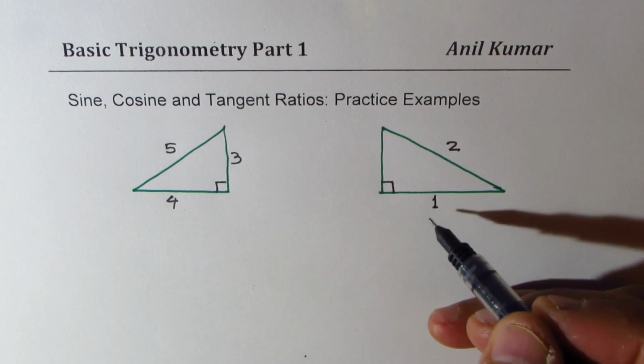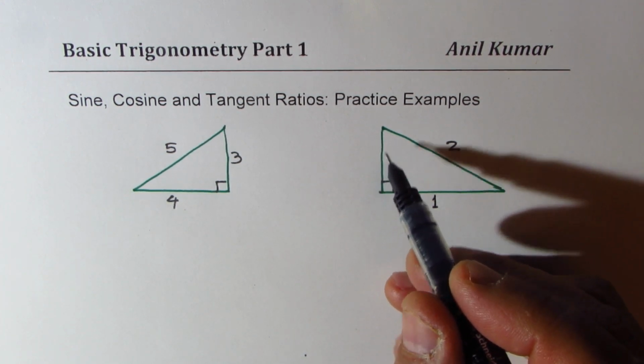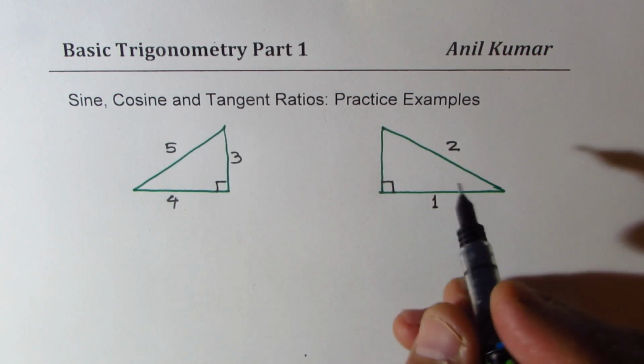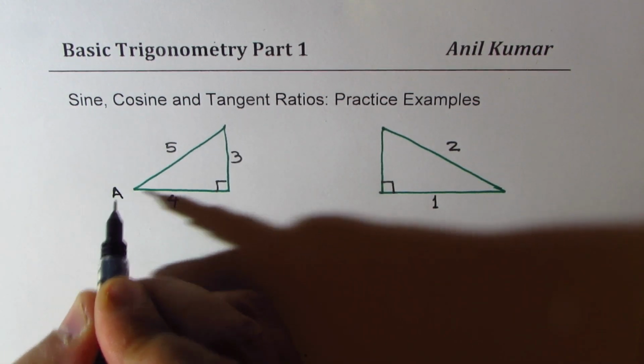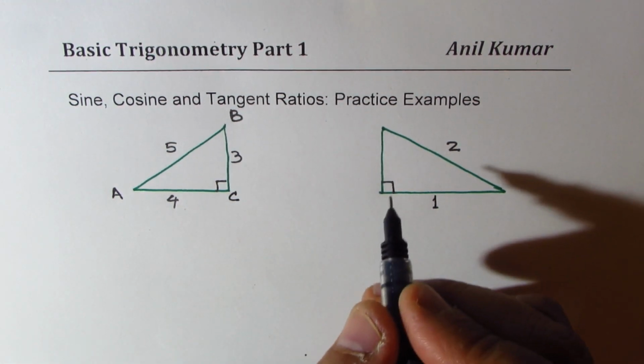correct? So I'm only giving you two sides of this triangle. You have to find the third side and then the trigonometric ratios. Now let's say here we have A, this is B, and this vertex is C where we have 90 degrees.